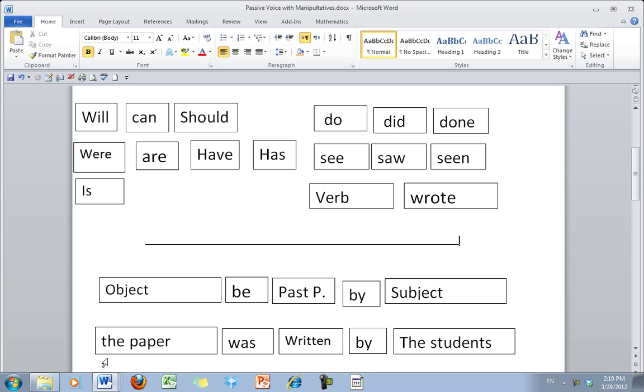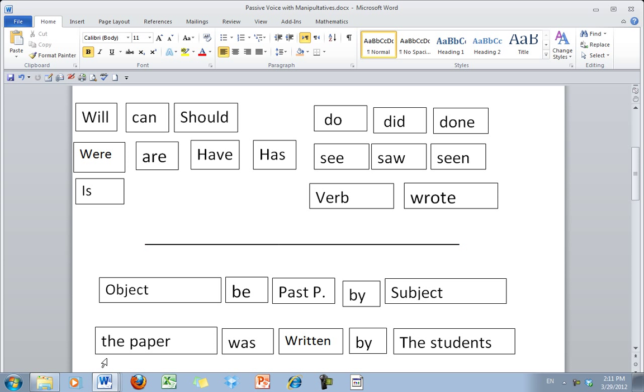We took the object and we put it first. We took the subject and we put it last. So really, if you think about it, the paper is kind of pretending to be the subject, but it's not really the subject in real life. Nothing changes the fact that the students took the action and that they wrote the paper.